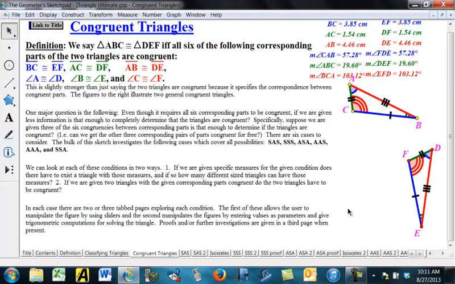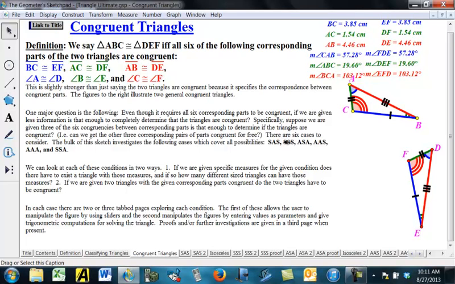But the question that's been occupying our discussion and investigation is, what if we have just three of these pairs of measurements congruent? Is that enough to make the other three pairs congruent as well? That's going to be our investigation.